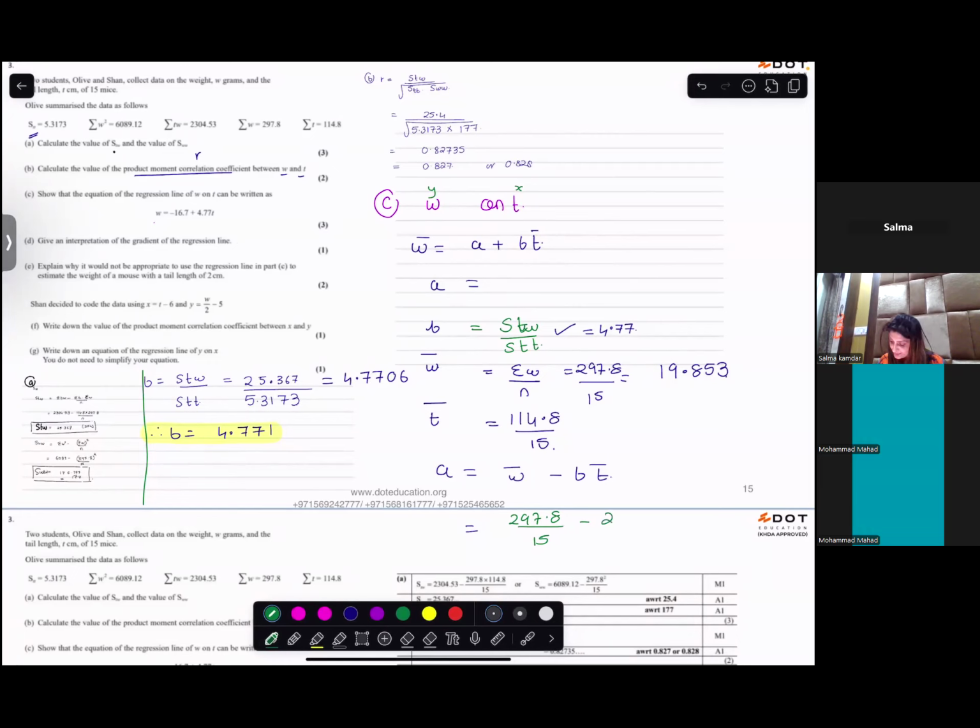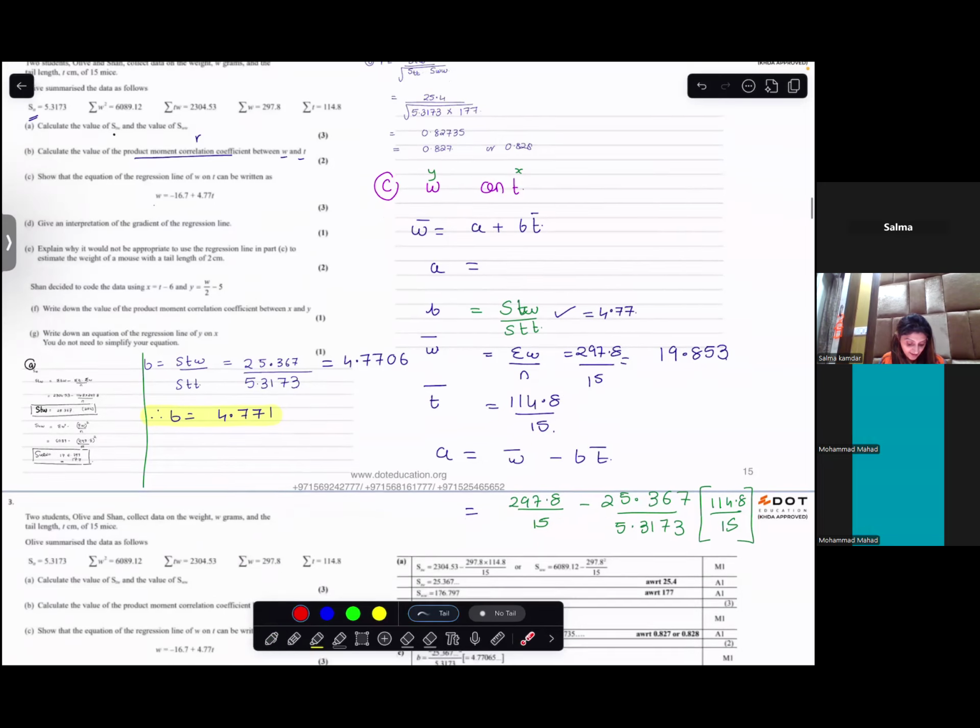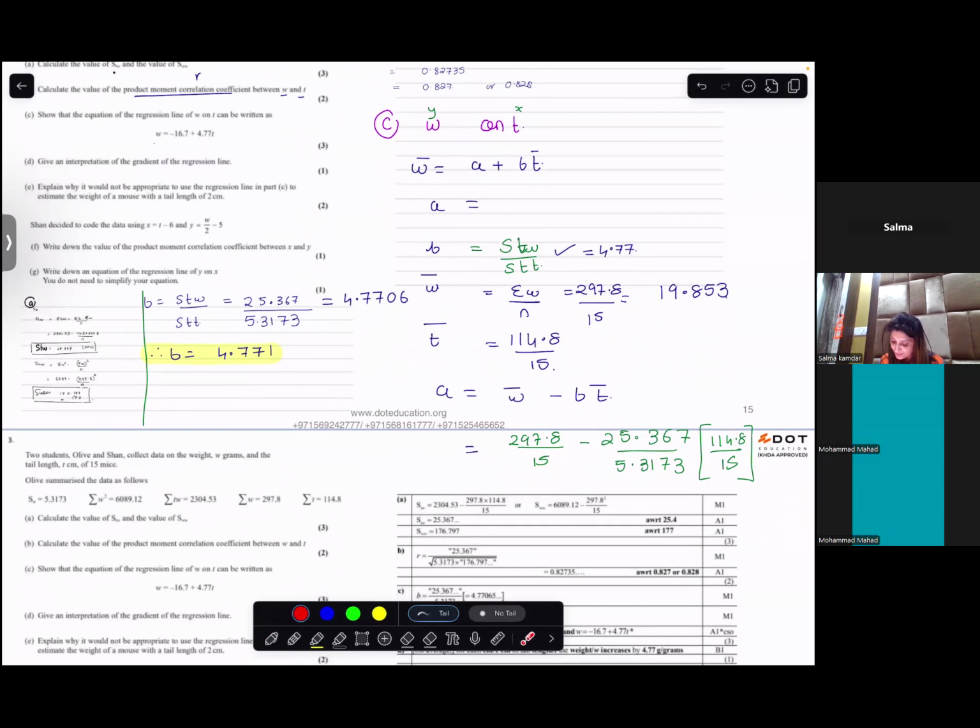So it's going to be 25.367 over 5.3173 multiplied by the mean of T, which is 114.8 over 15. Is this fine for you? So if I am going to solve this, what value am I going to get?